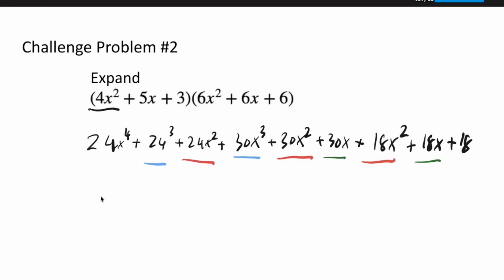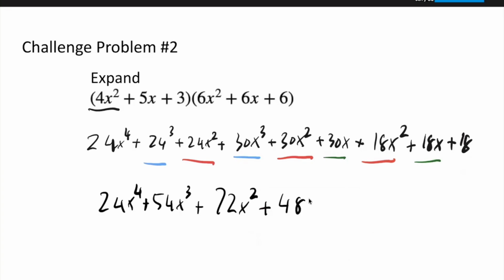After combining, you'll get this. Perfect.